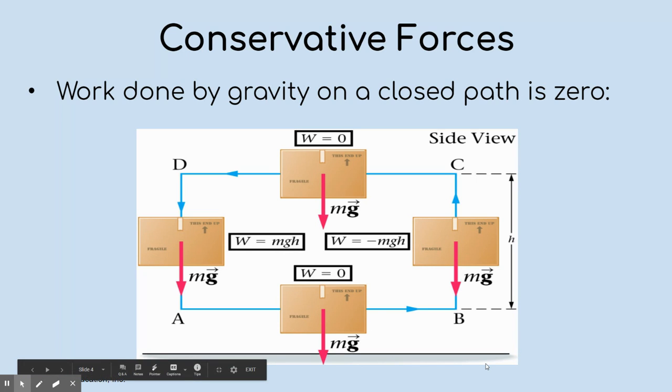However, that work is equal in magnitude but opposite in direction, so it cancels each other out. So the work done on the horizontal portions is zero, and then on the vertical portions from A to D and from C to B, we see that it's equal yet opposite. So they will cancel each other out, resulting in a net work of zero.